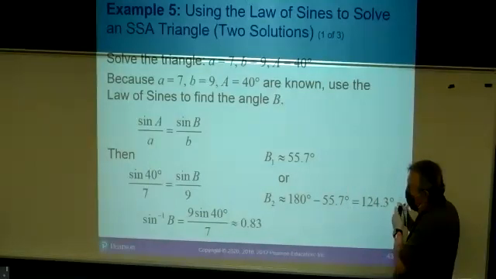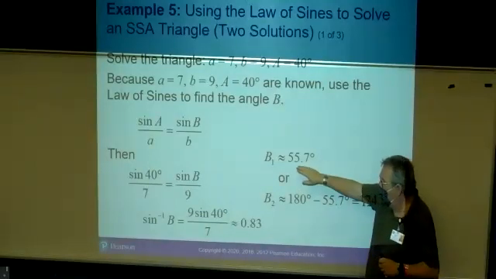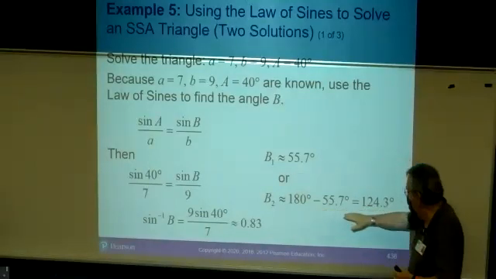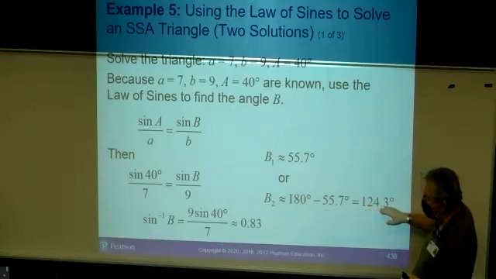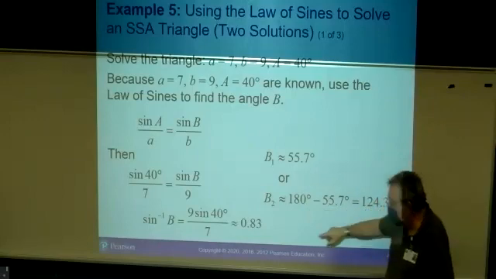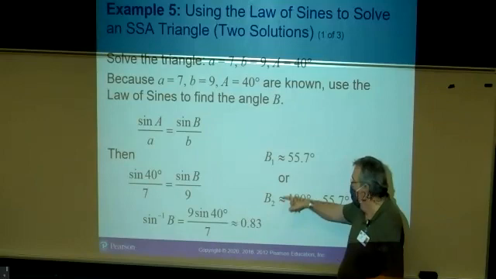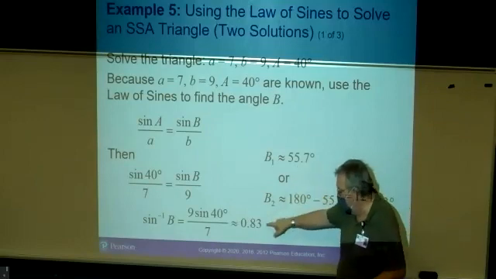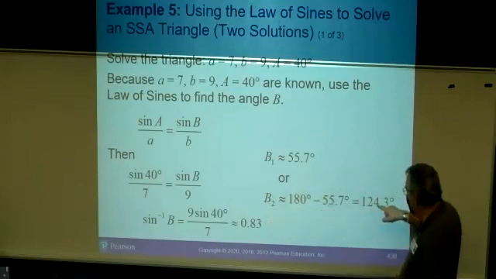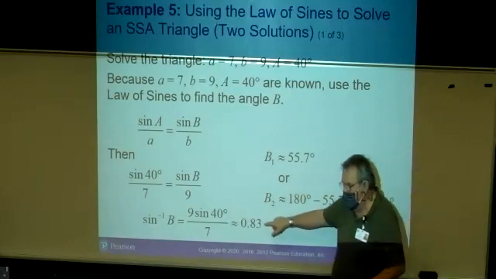Well, you understand that both 55.7 and 124.3, the sine of those two give you this number. The sine of this angle is 0.83, and the sine of this angle is 0.83.